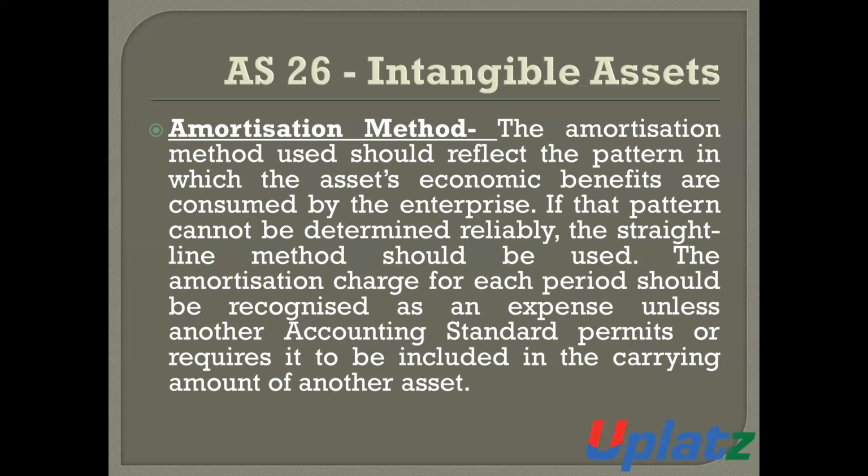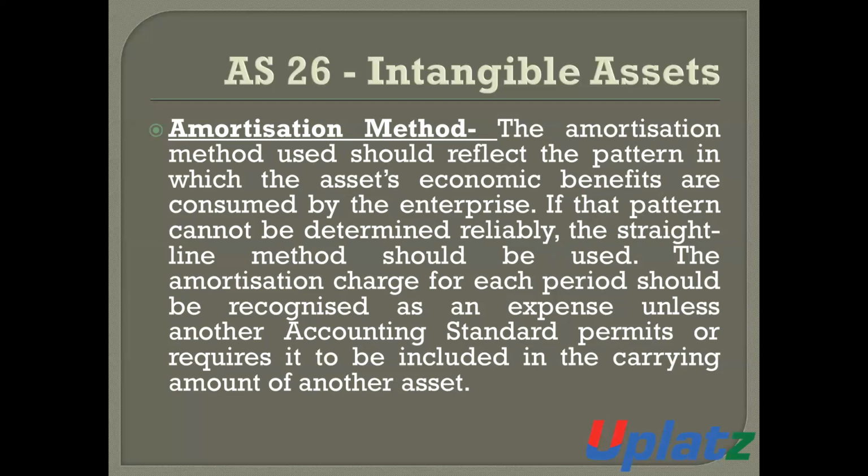In this case, the amortization which is charged for each year should be recognized as an expense unless another accounting standard permits or requires it to be included in the carrying amount of another asset.